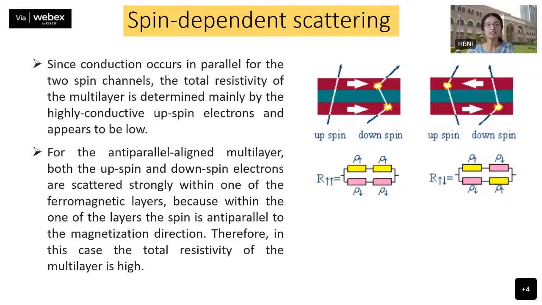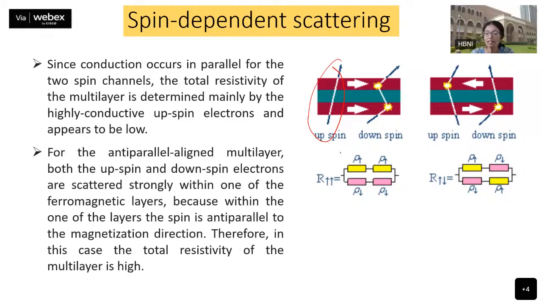Because they are moving very fast and not getting scattered, the resistivity depends on them, and so it will be highly conductive because the resistance is less.